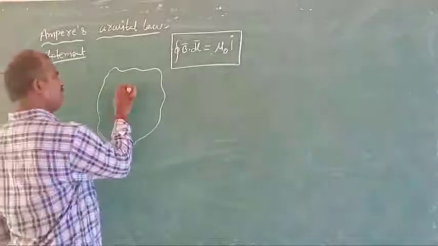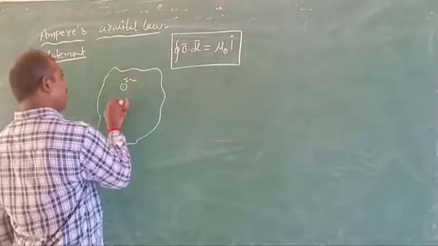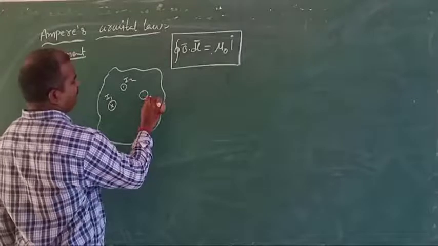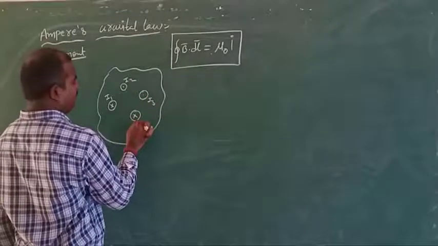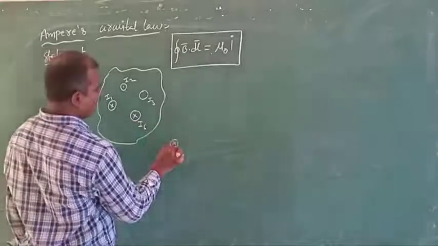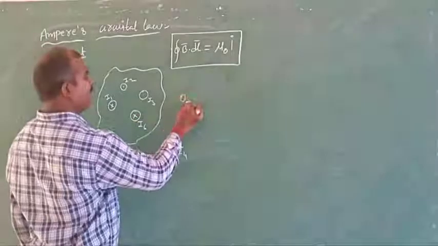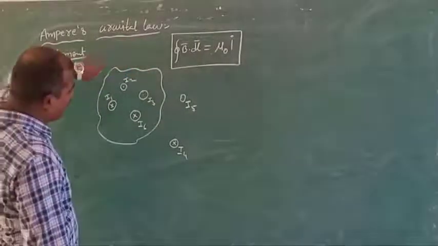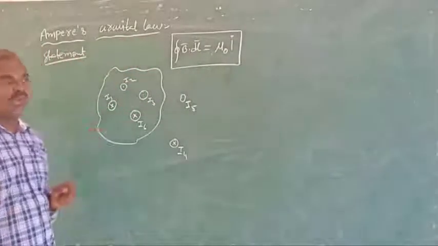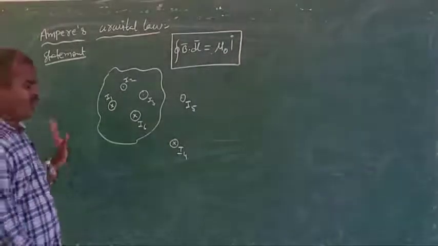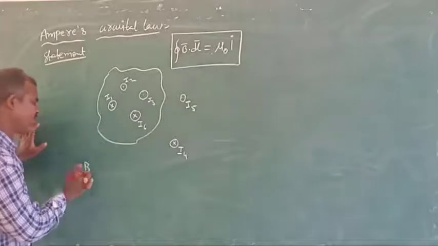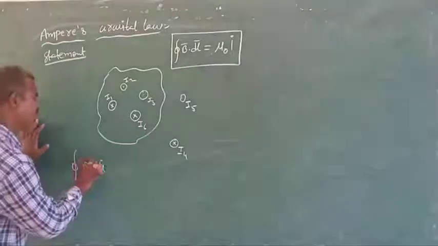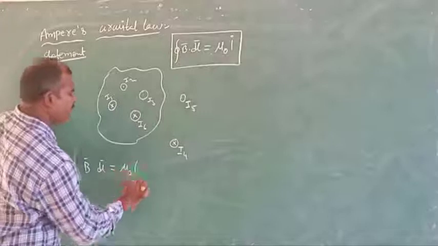Here, suppose this is the current I2, this is the current I1, this is I3, this is I6, this is I4, and this is I5. The statement of Ampere's law is mu naught times the current enclosed by the loop. Now the magnetic field induction: integral B dot dl is equal to mu naught times the current enclosed.